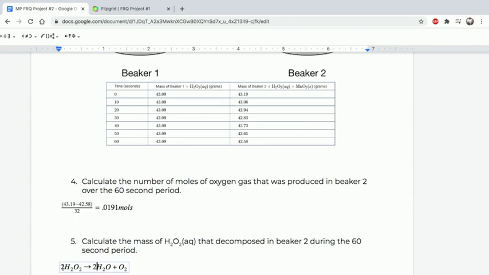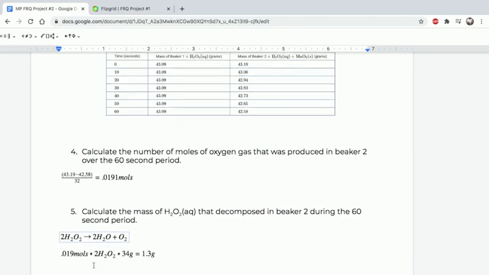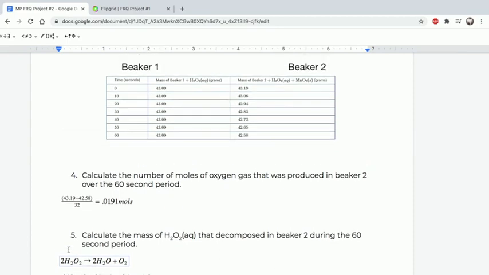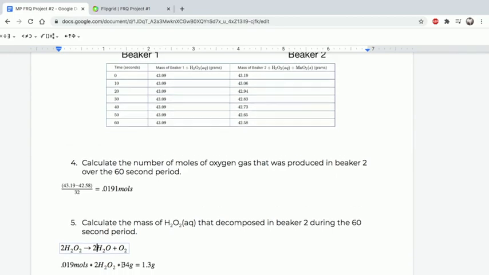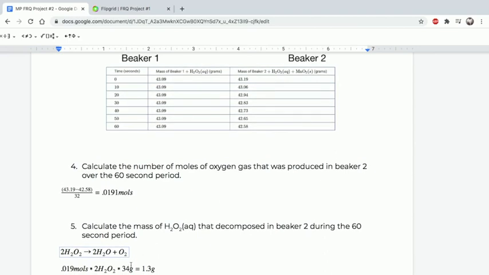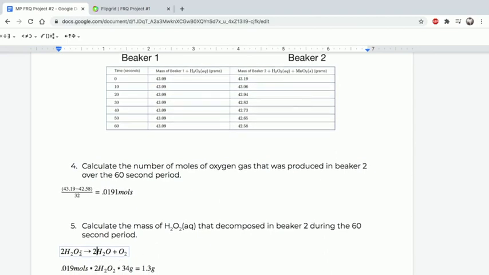To balance that, we get 2H2O2 to 2H2O plus O2. So we take the moles of oxygen that were created and multiply by 2, because we need 2 H2O2 to make the oxygen. Then we multiply that by the molar mass of H2O2, which gives us 1.3 grams, because we're trying to find the mass, not the moles.